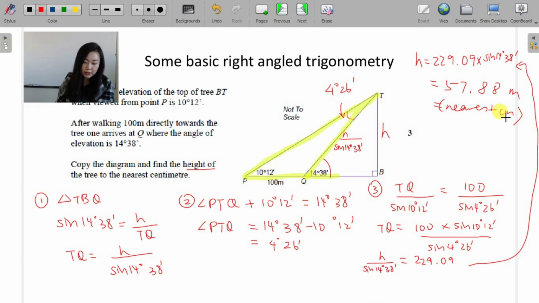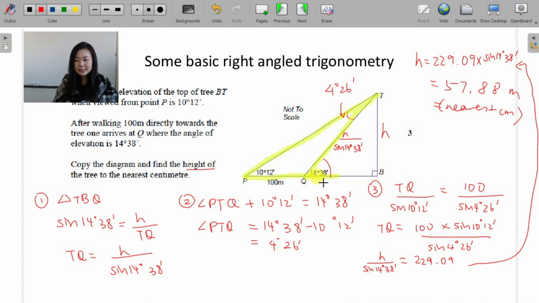Yeah, 57.88. Yep, that's all checking out. I'm just double checking because I picked up my own mistake. My written notes has a different answer. All right, that's pretty much it.